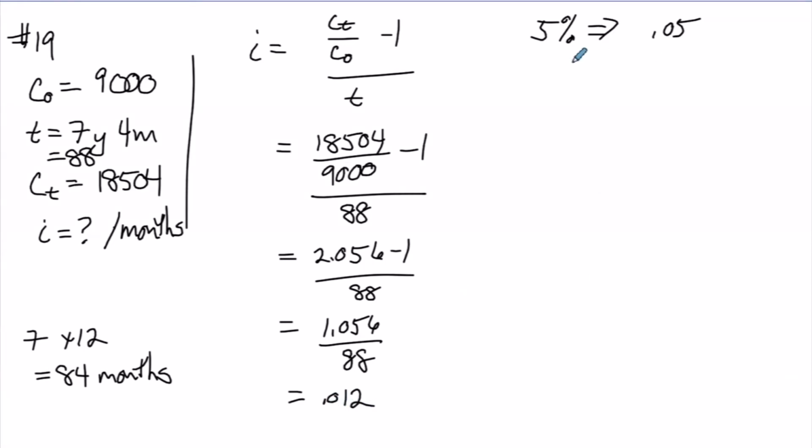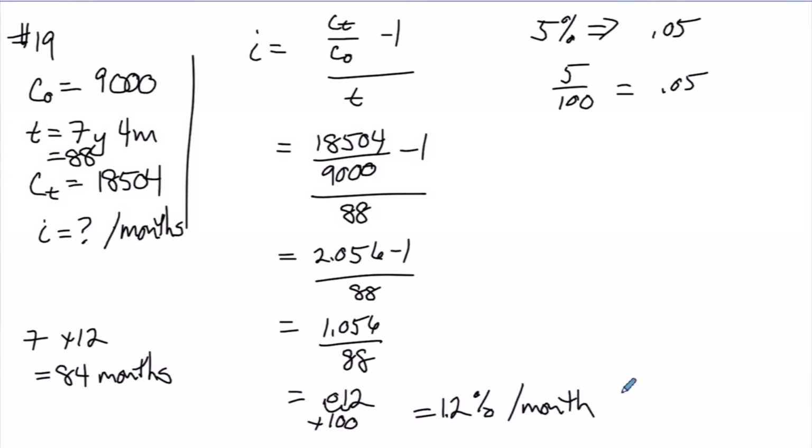So instead of taking 5 and dividing by 100 to get 0.05, now we multiply by 100, moving the decimal place 2 spaces, which gives us 1.2%, and that was in months. 1.2% per month is the interest rate.